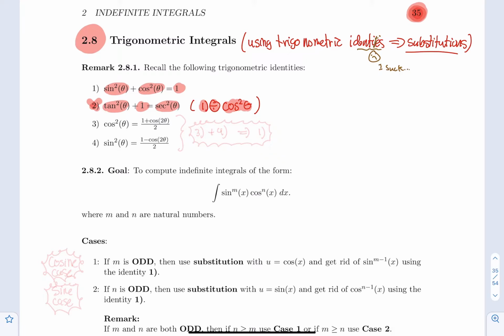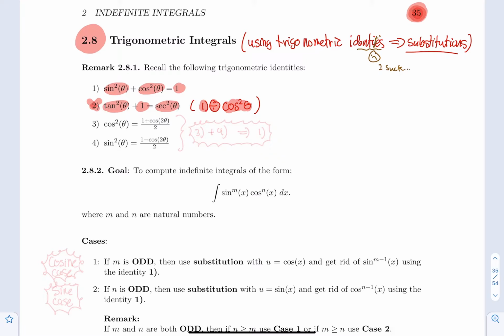And then the more advanced ones that are going to be very useful for us. So the third one, cos squared is 1 plus cos of 2 theta over 2. And then sine squared is 1 minus cos of 2 theta over 2. Those two identities are also called the double angle identities.